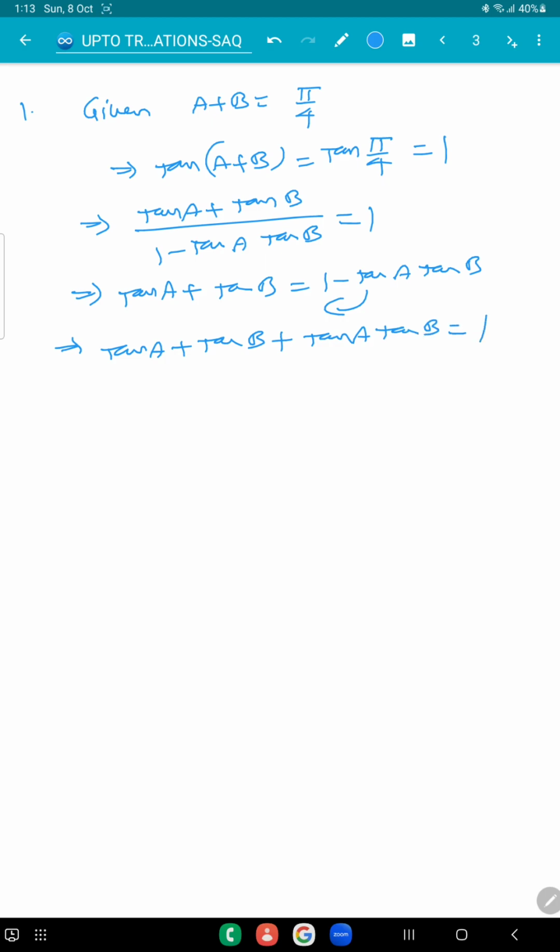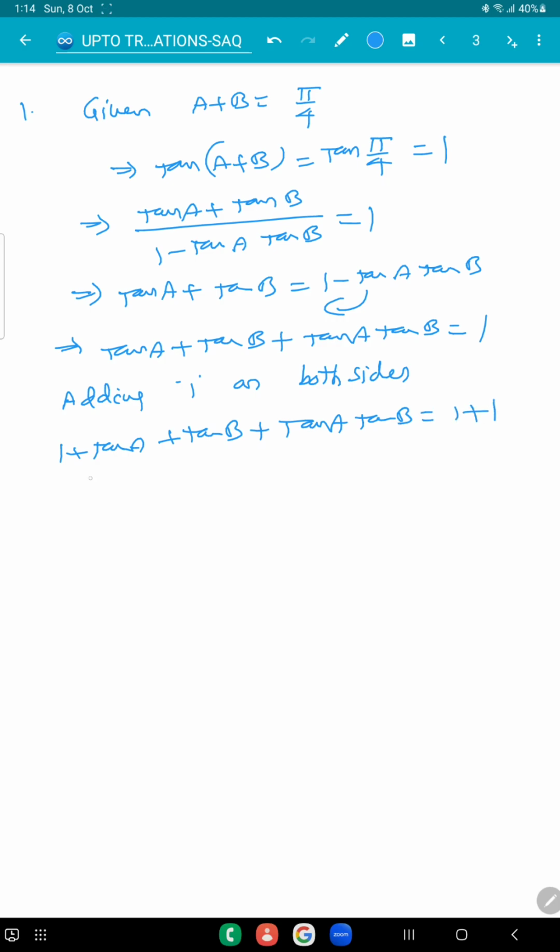Now we can do the question in two ways. The shortcut one is adding 1 on both sides. If we add 1 on both sides, we have 1 plus tan a plus tan b plus tan a tan b is equal to 1 plus 1.